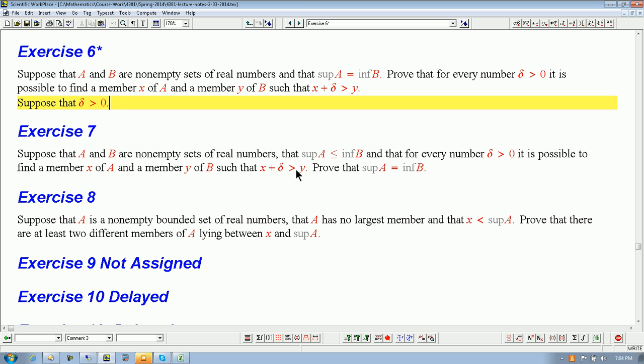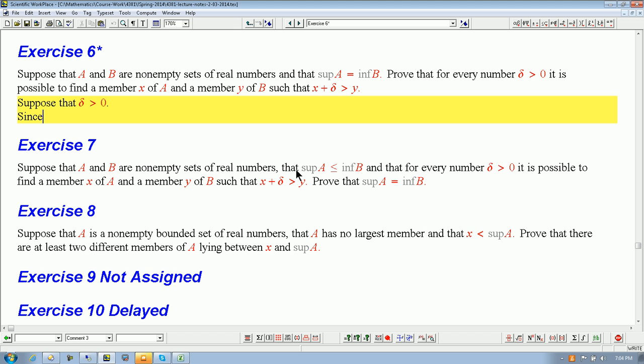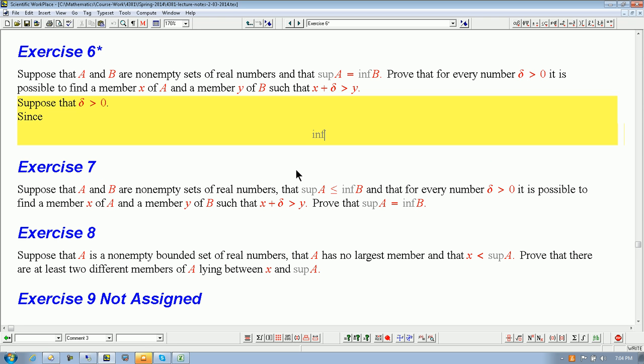So here we go. I'm going to tell you that since this number stands for the greatest lower bound of B, right? And if you add delta, that's greater than inf B. Do you understand? I'm going to apply what I call the BMW argument. This number is greater than the greatest lower bound of B. If you are greater than the greatest, you're not one of them.